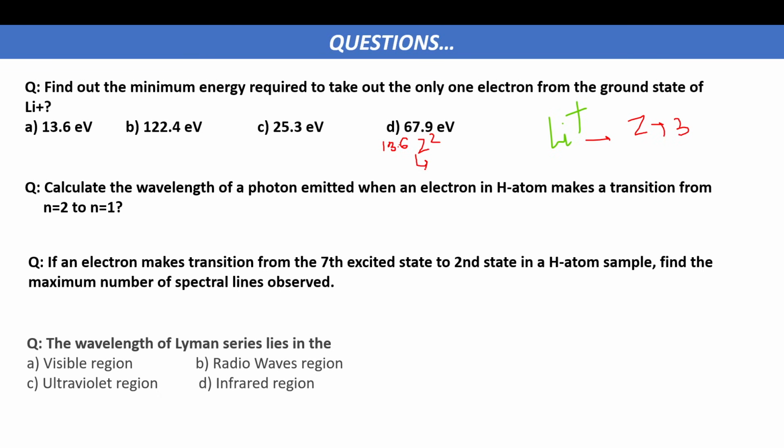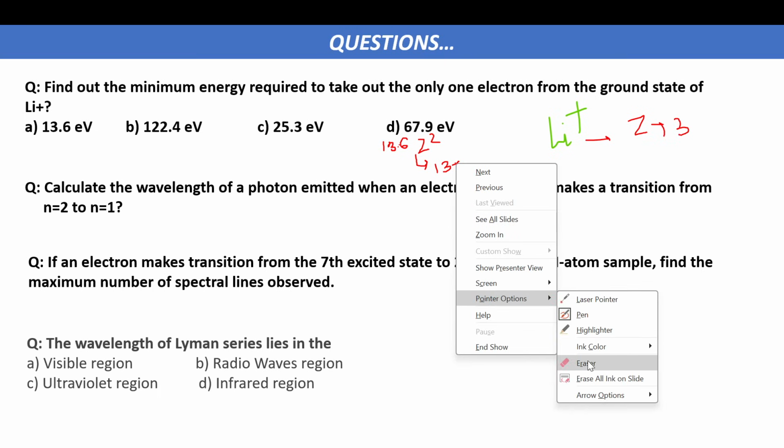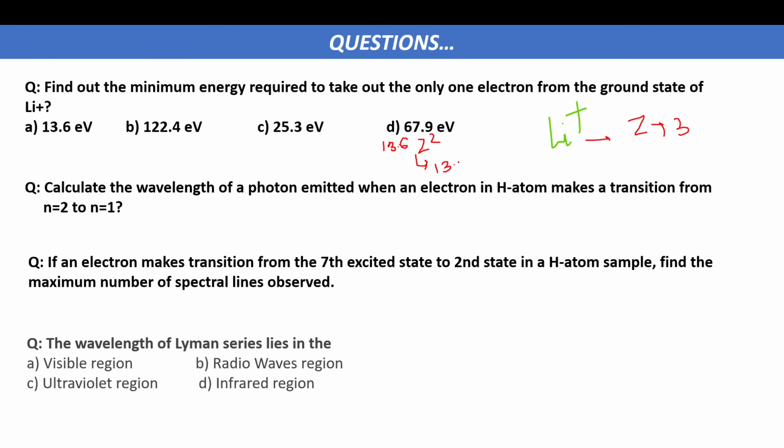Substituting Z as 3, it will be 13.6 into 3 square, that is 13.6 into 9, which gives you 122.4 eV. So that is the minimum energy required to take the one electron from lithium plus.